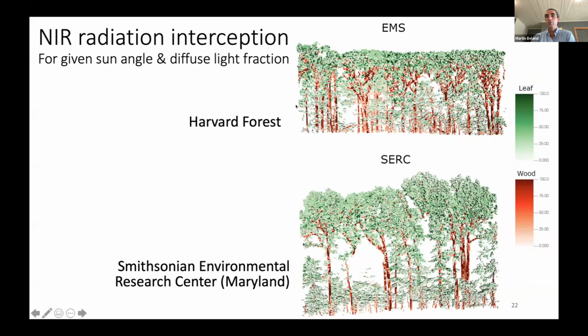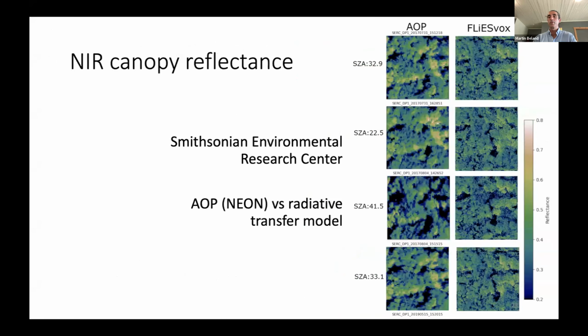In this case, I'm showing here near infrared, the interception of near infrared in two contrasting structures, at Harvard Forest and at the Smithsonian. And we can differentiate the interception of light by the wood and the leaves, which is very interesting for a number of reasons. We can also simulate the radiation that's being reflected off the canopy.